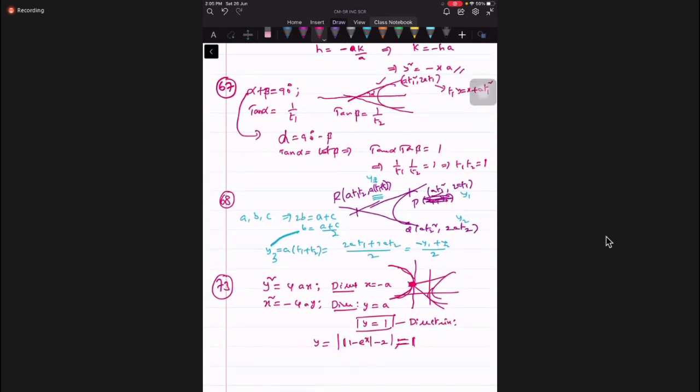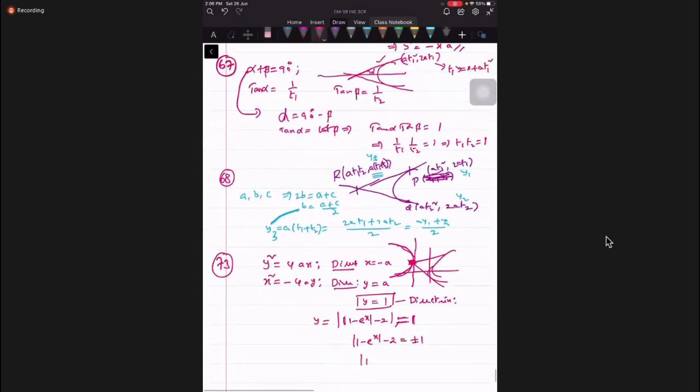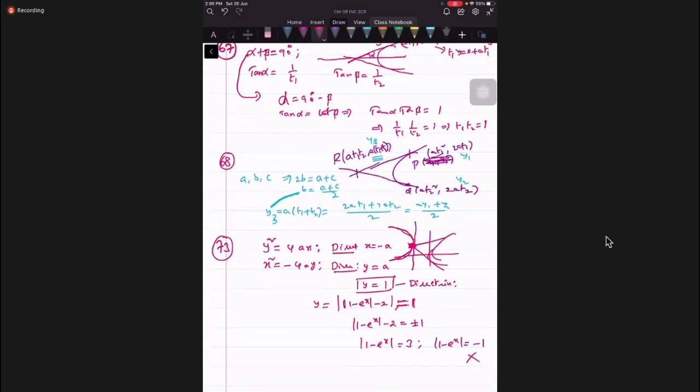Then modulus of 1 minus e power x, minus 2. If I remove one mod, it equals plus or minus 1. Now modulus of 1 minus e power x equals 3 once, and once it is going to be minus 1, but this is not possible. Only this is possible.